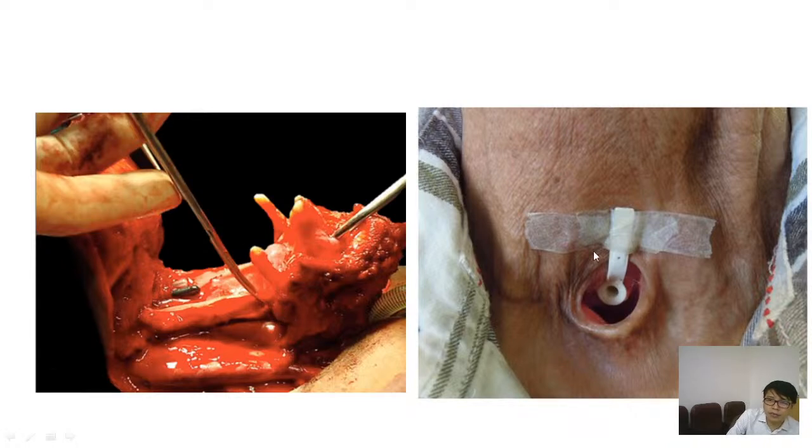Once the larynx is removed and the patient needs to communicate, they can speak by using a prosthesis known as a tracheoesophageal prosthesis. This is a device which acts as a one-way valve.